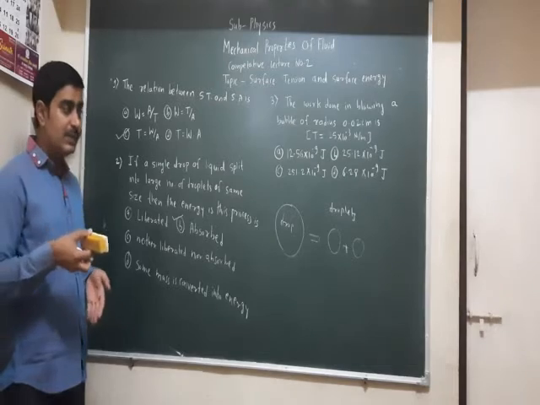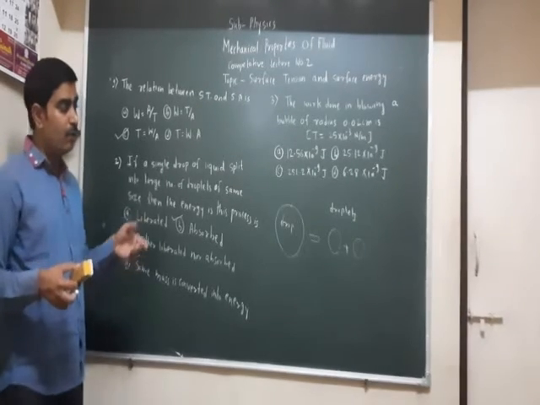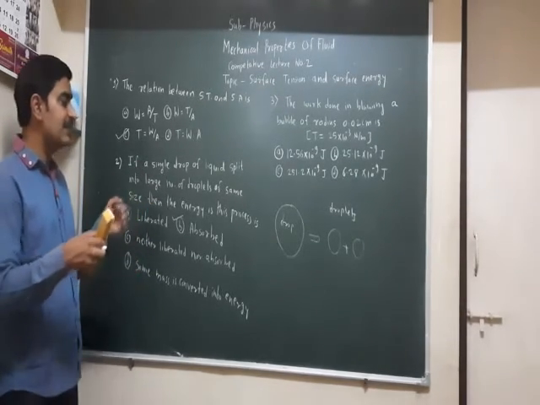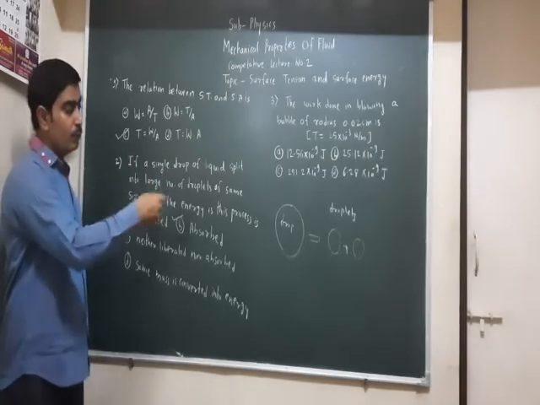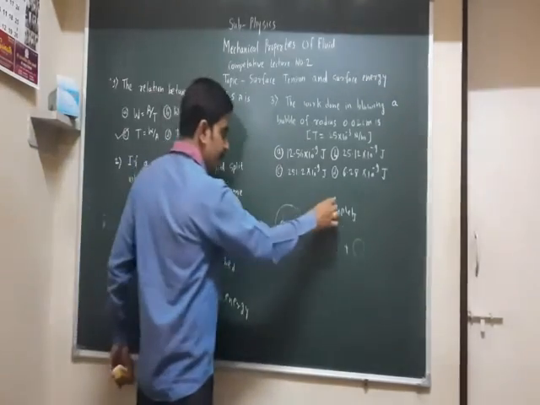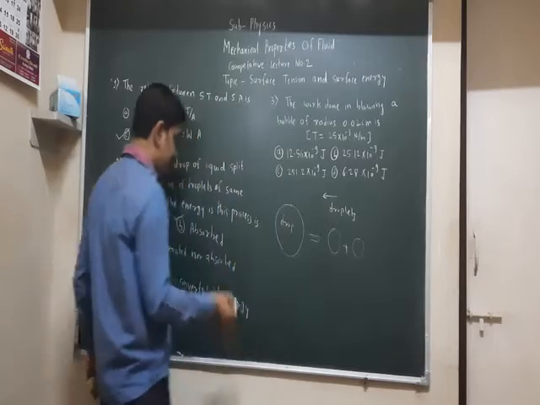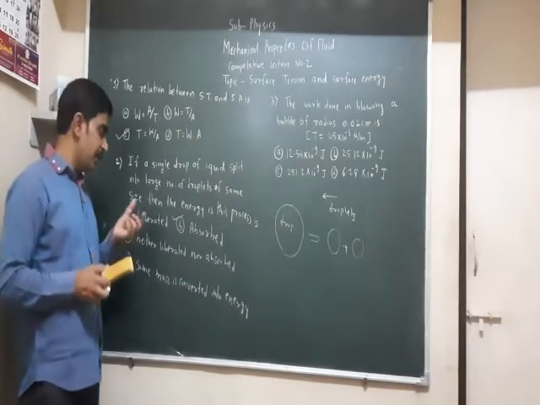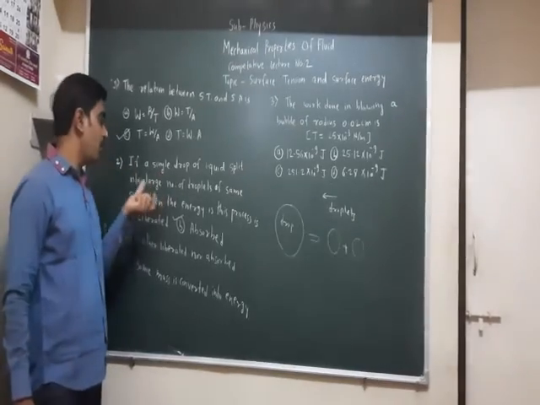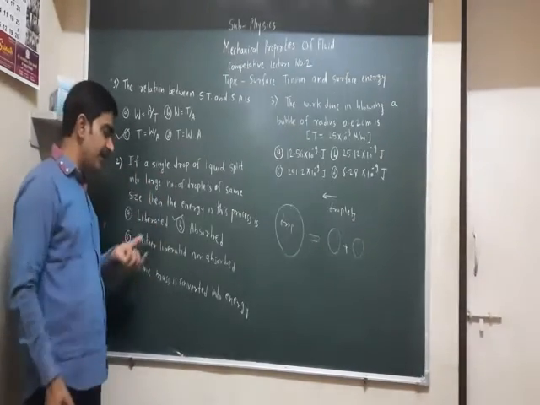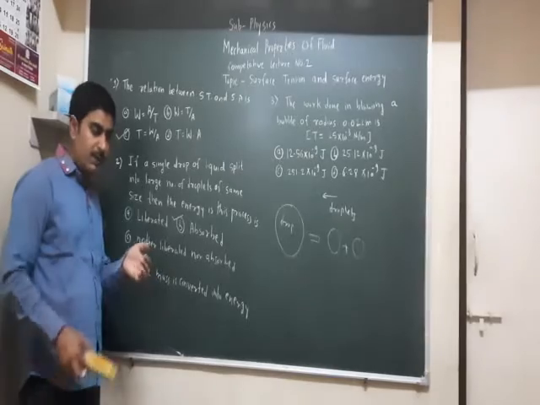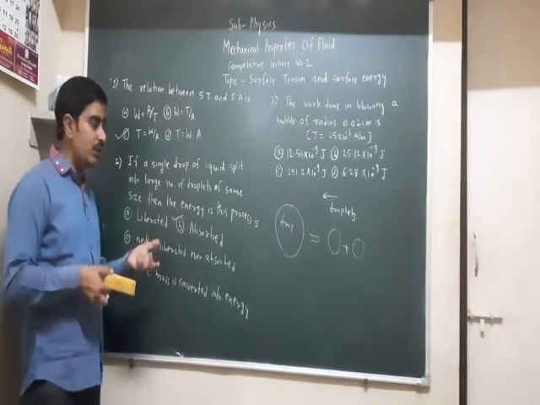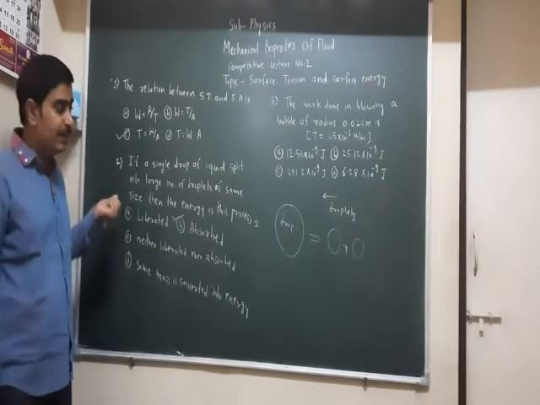Now if the question is reversed, when a number of droplets merge to form a single drop, in this process the energy will be liberated. So when a single drop breaks down into droplets, at that time energy will be absorbed, and if the question is the reverse, then the answer will be liberated.